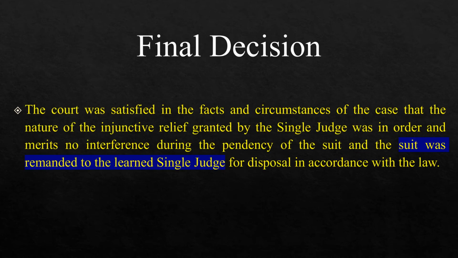Now, the court was satisfied in the facts and circumstances of the case that the nature of the injunctive relief granted by the single judge was in order and merits no interference during the pendency of the suit, and the suit was remanded to the learned single judge for disposal in accordance with the law. So we can say a kind of final decision was like this.